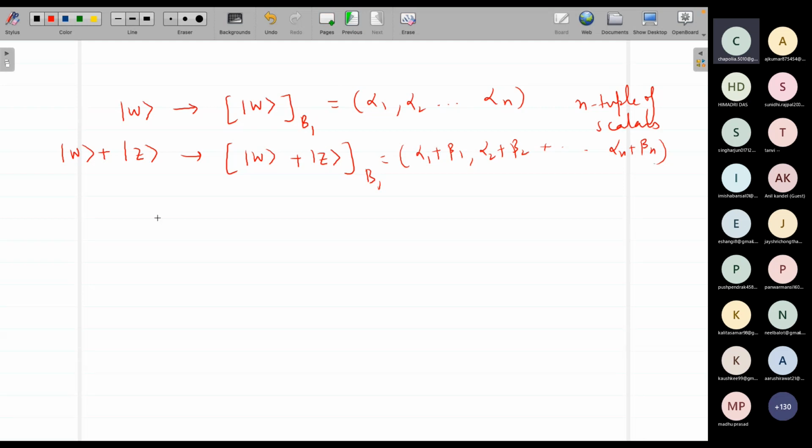And this is the reason why I'm pretty sure that all of you remember that instead of writing like this, we also represent it like this, as long as we are talking about a particular basis. But if you change the directions, then of course these numbers will change.